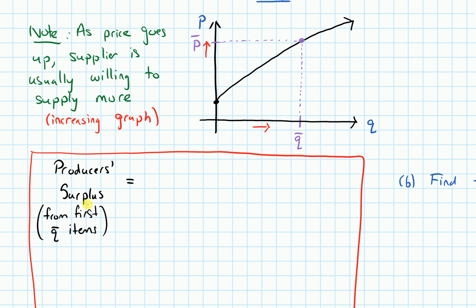The producer's surplus is the actual revenue that they would make from selling however many items they get to sell at whatever price they get to charge for it, minus the minimum they're willing to receive.